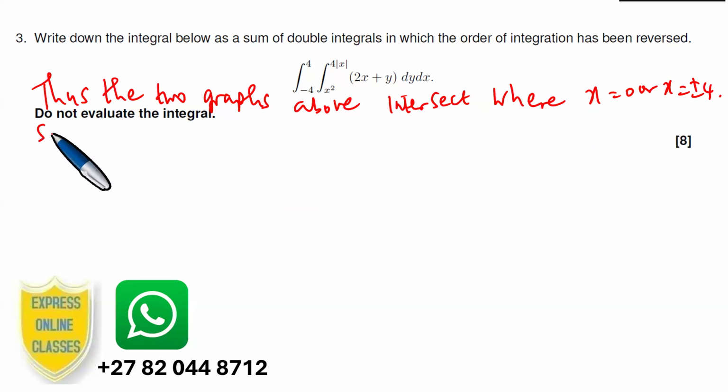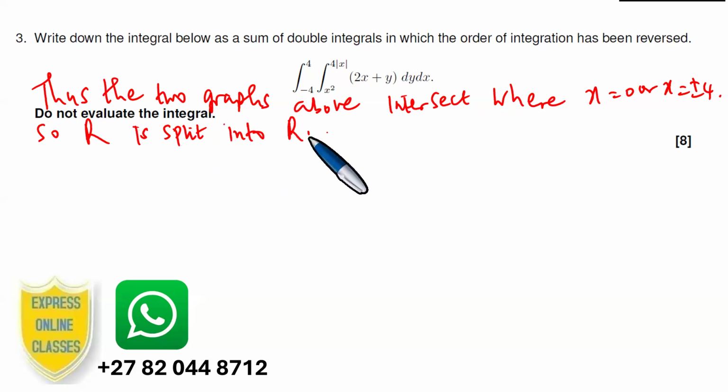So R is split into region 1 and region 2.